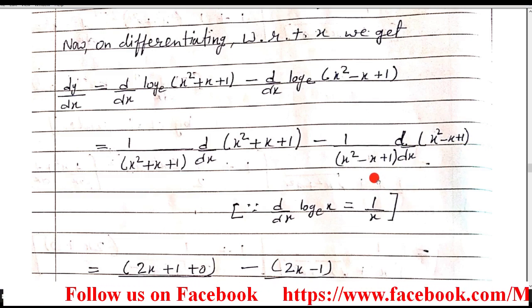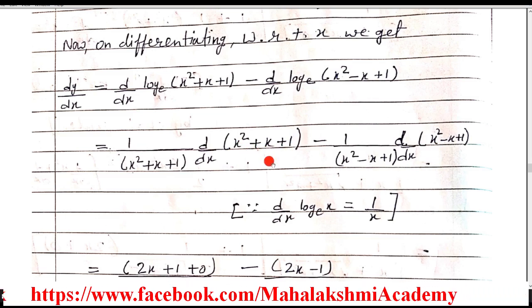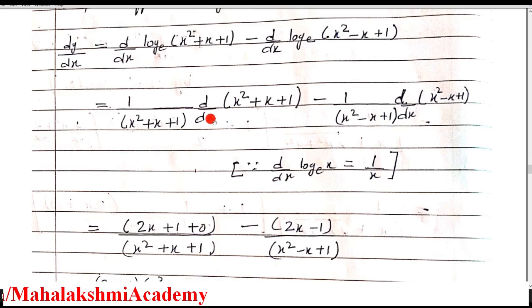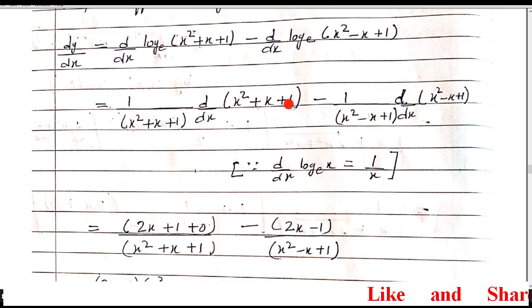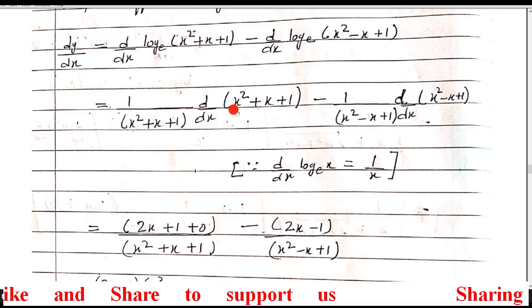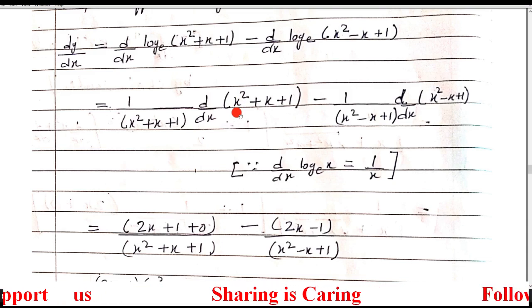Now we are going to differentiate the brackets. When we differentiate it, this derivative will go with x square, as well as with x, as well as with 1. x square differentiation we do with the help of the x to the power n formula.